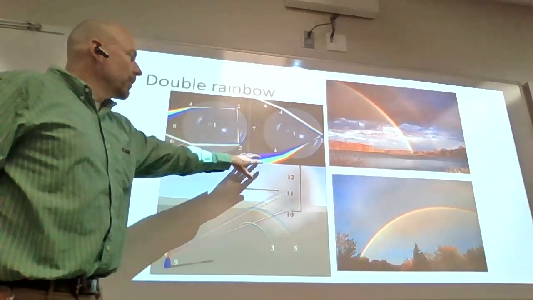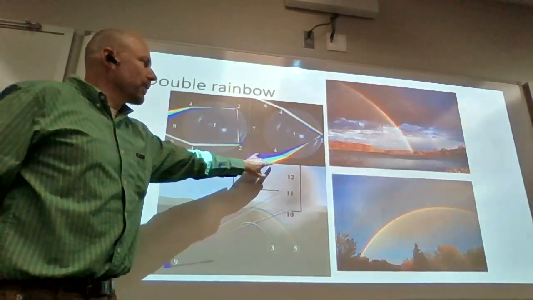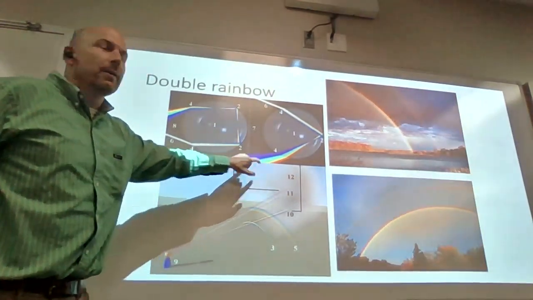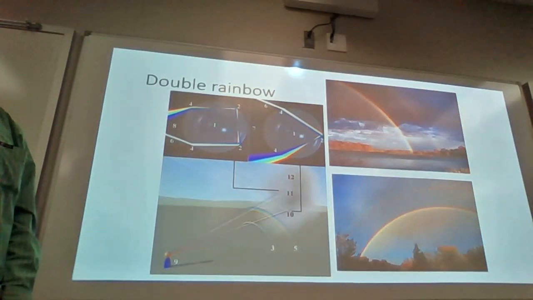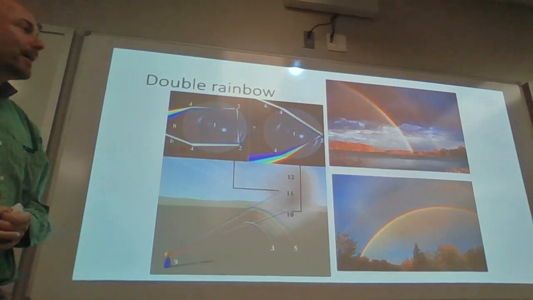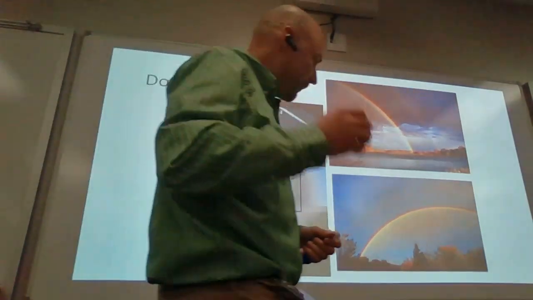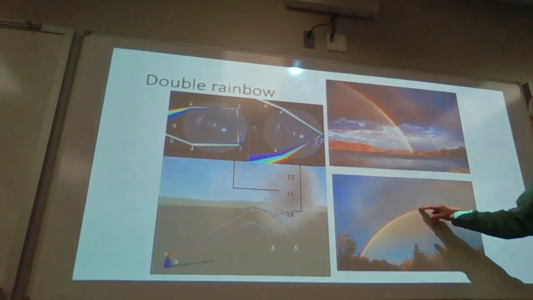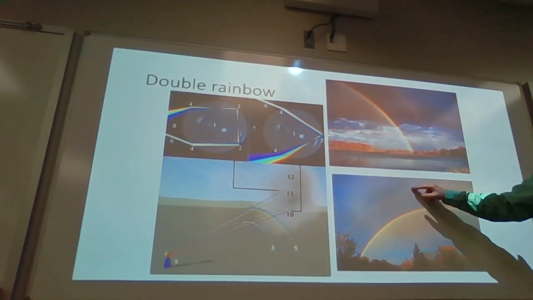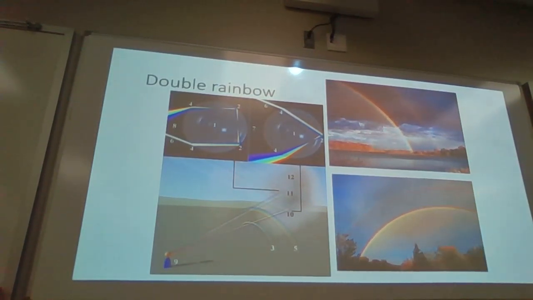Now notice the order of the color spectrum coming out normally. Double rainbow, it's flipped. So if you ever see a double rainbow, the primary rainbow is going to have red on top, purple on bottom. It's inverted for a secondary rainbow.